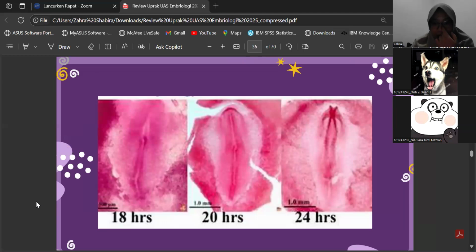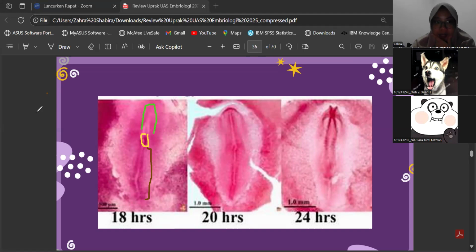Here we get in. Now this is the picture. All the special parts, what you find in 18 hours, what you find in 20 hours, and what you find in 24 hours. Now, from 18 hours, you find primitive streak. This is primitive streak. And then there is also Hensen's node, like a hook over here, dark red, like maroon color. And then there is head process in here.